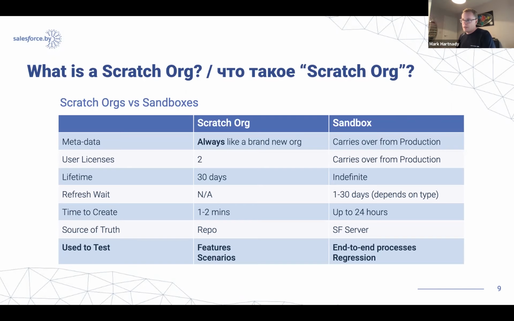From a testing perspective, and this is where Salesforce is now moving into, sort of catching up with the rest of the software development world, scratch orgs are designed to facilitate feature development, feature testing and scenario testing within those features. They're not designed to cover full end-to-end processes and end-to-end regression cycles.